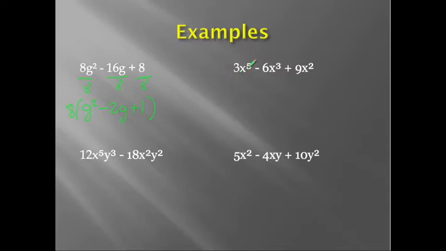All right, 3x to the 5th minus 6x to the 3rd plus 9x squared. So my GCF will be 3x squared. So you need to divide each term by 3x squared.